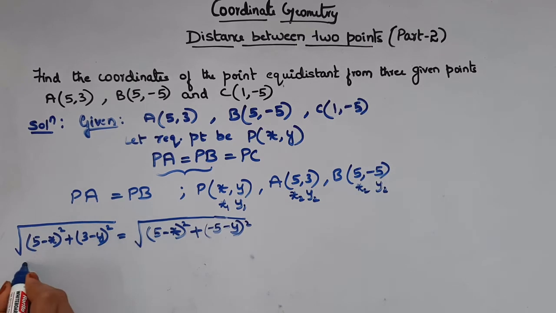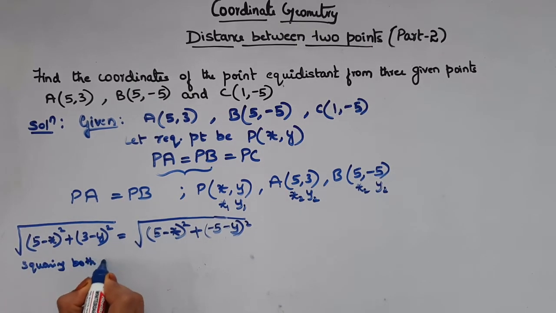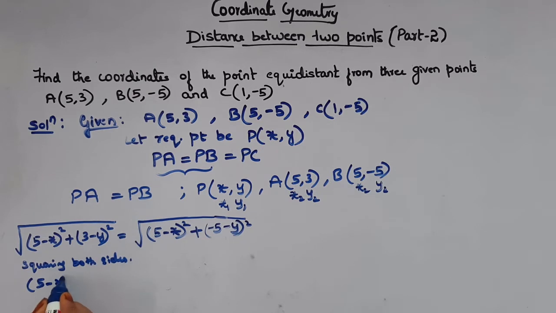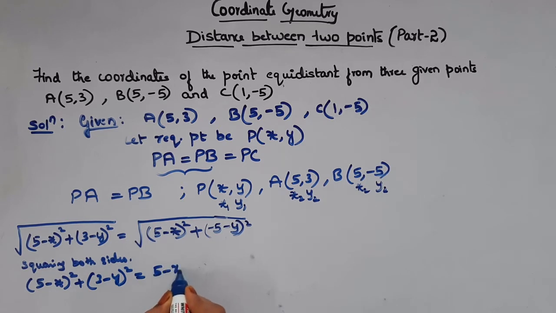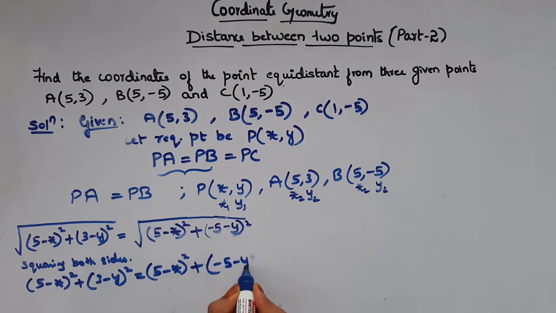So now by squaring both sides, the square root and square will get cancelled. We are left with (5 minus x) the whole square plus (3 minus y) the whole square, which is equal to (5 minus x) the whole square plus (-5 minus y) the whole square, right?